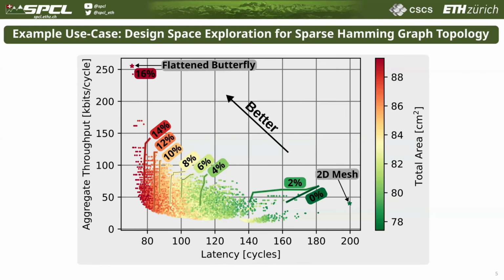And for each of these design points, we wanted to estimate the latency that you see here on the x-axis, the throughput on the y-axis, and also the total area that is here indicated by a color. And here we were able to use RapidChiplet to see where these design points land in our plot. And we were able to plot different lines for Pareto frontiers under certain area constraints.